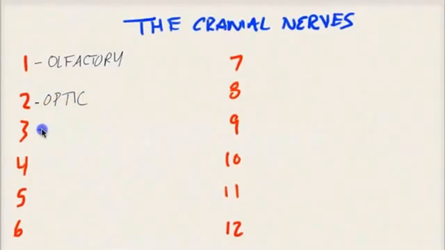Cranial nerve 3 is the oculomotor. The oculomotor nerve is responsible for eye movement.